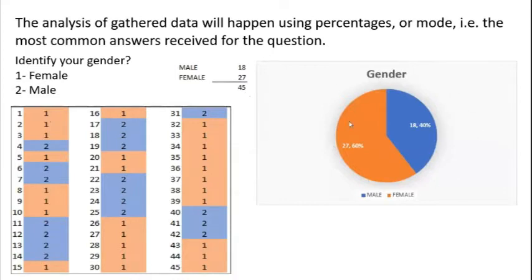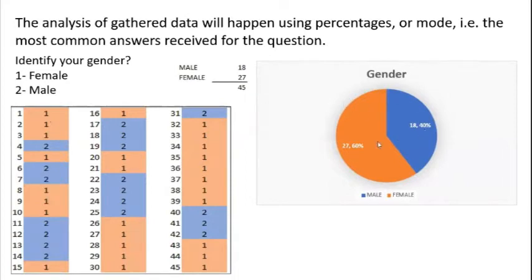So this is the equivalent diagram of our data here. It says that there are 18 male and 27 female. Beside that, you would see the percentages: 18 is equal to 40%, and 27 is equal to 60% of 45.